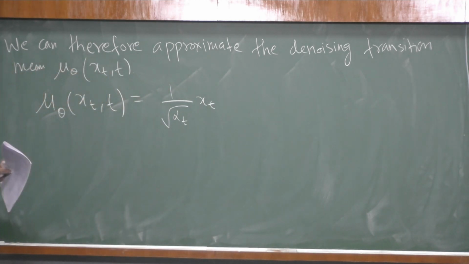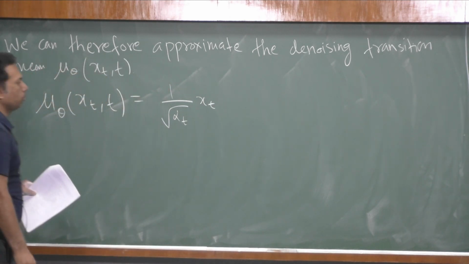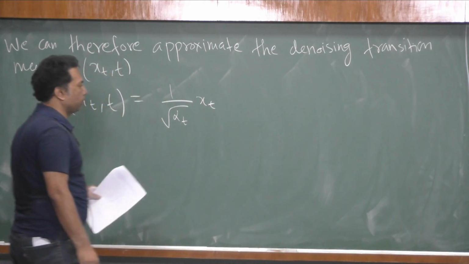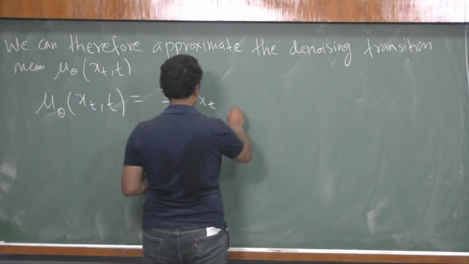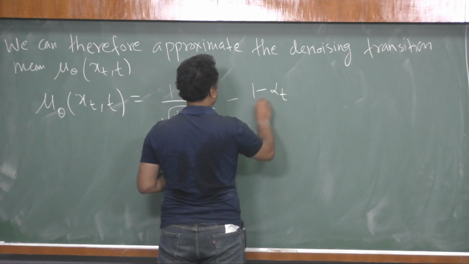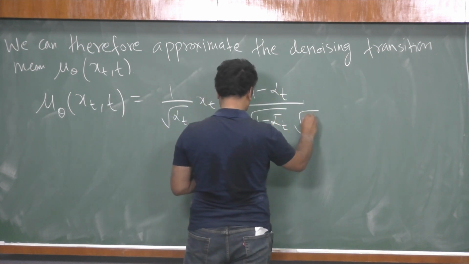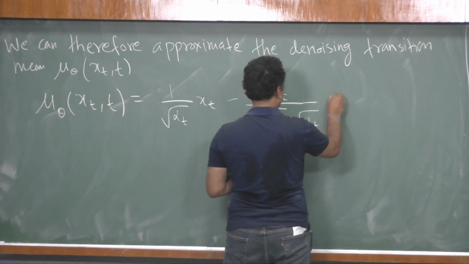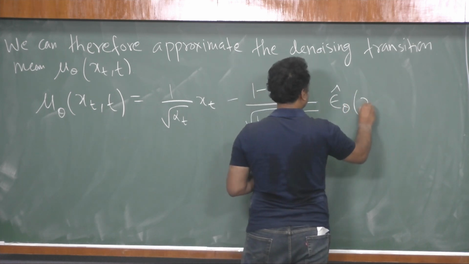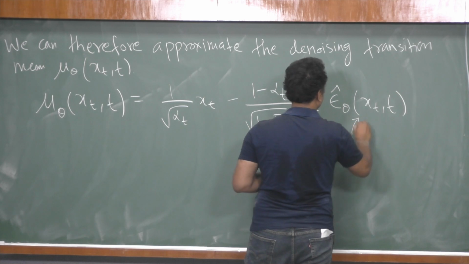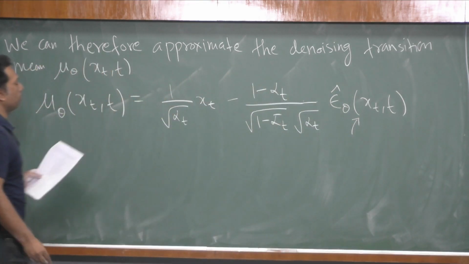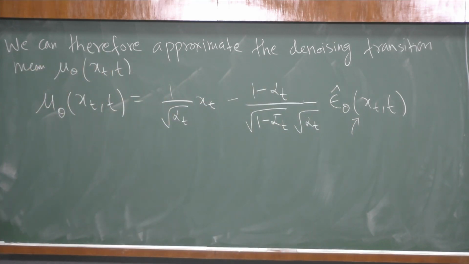So we are keeping the first term intact, and we are going to parameterize a function to predict epsilon naught. So this will be minus (1 minus alpha t) divided by 1 minus alpha bar t, square root of alpha t, and epsilon hat of xt, t. So this is the prediction function that we have. This is a prediction function parameterized by theta.